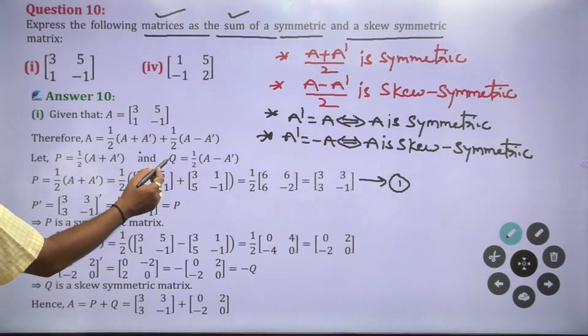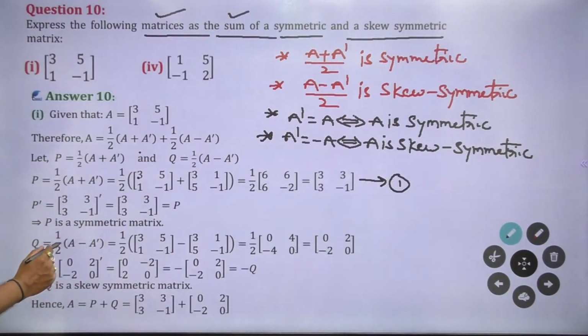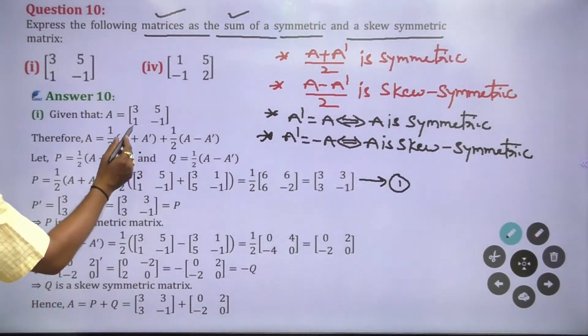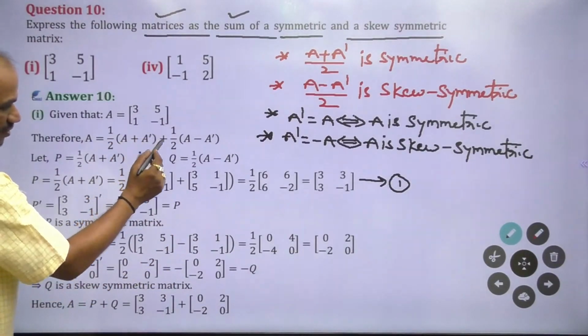Next take Q. Q is equal to 1 by 2 into A minus A dash, which is 1 by 2 into A matrix, this matrix, minus A dash, interchanging rows into columns: first row to first column, second row to second column.